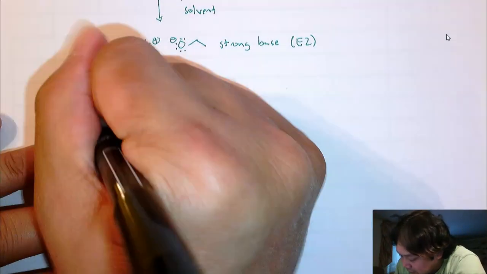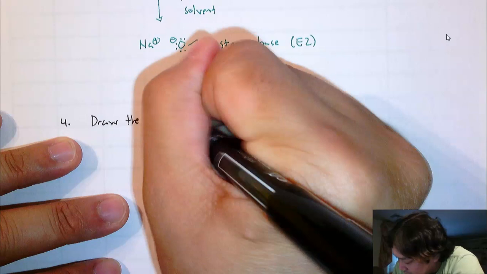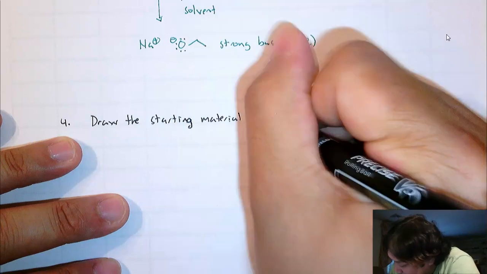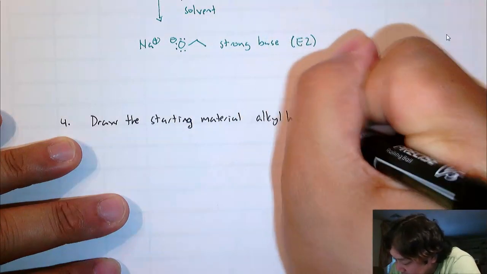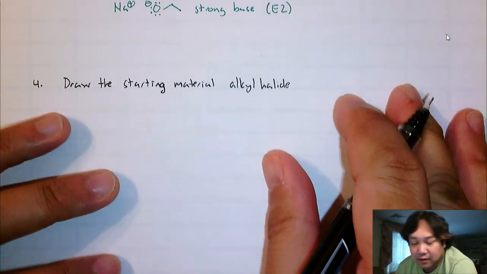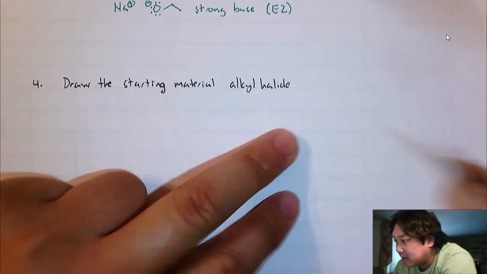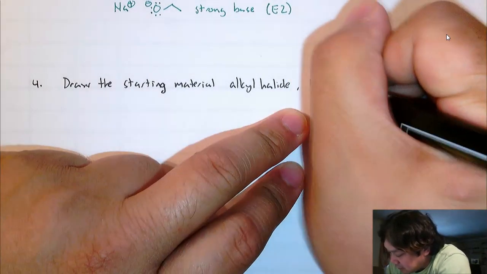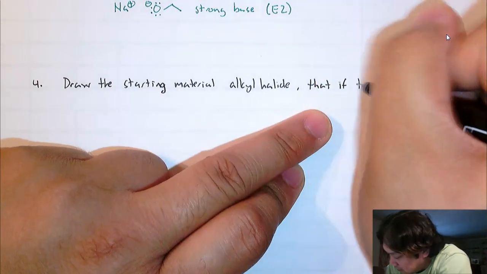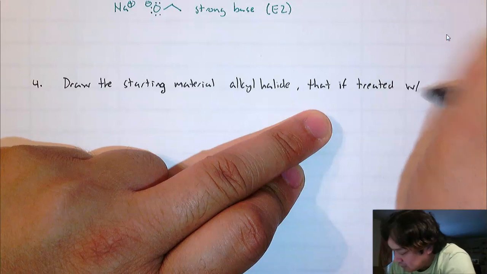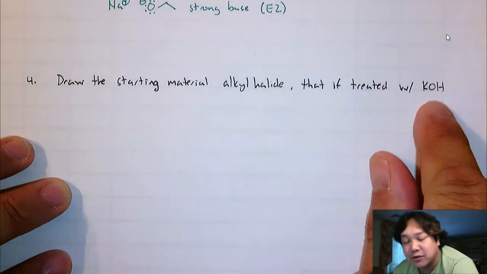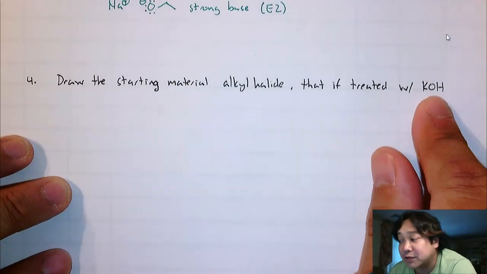It says draw the starting material. We're going backwards here. They give us the product, we give them the starting material, the alkyl halide. Draw the starting material, alkyl halide, that if treated with potassium hydroxide, so you gotta visualize that this becomes OH minus, that's a strong base.